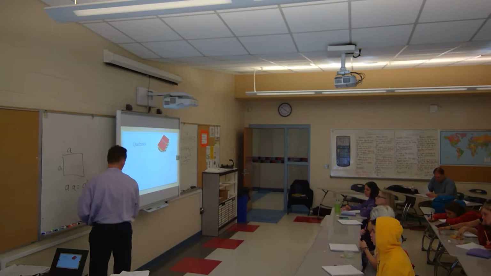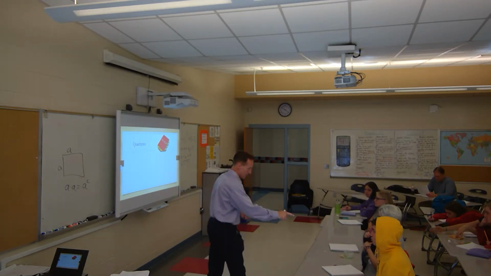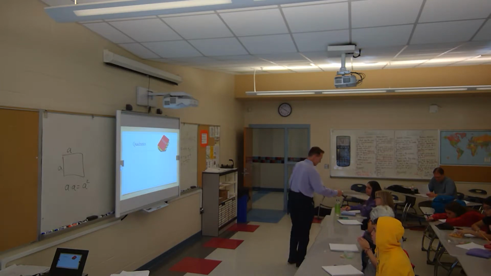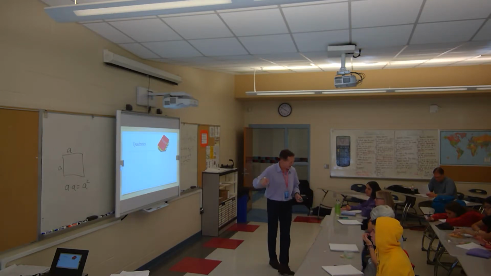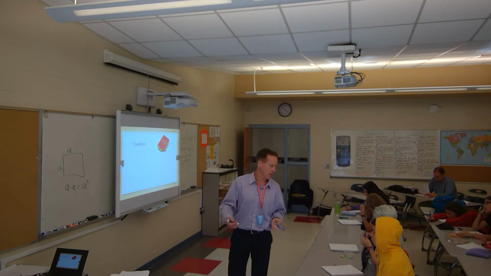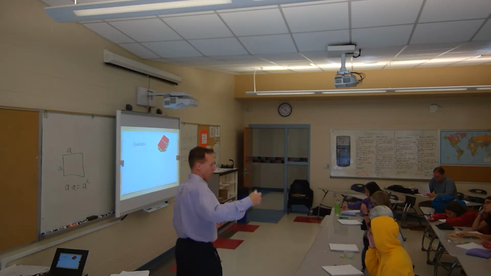A to the second power, and that's why we call it A squared. And why do we call it A cubed? Because the volume of a cube would be A times A times A. That's why it's easier to say A squared and A cubed, and then we say A to the fourth and fifth and so on.